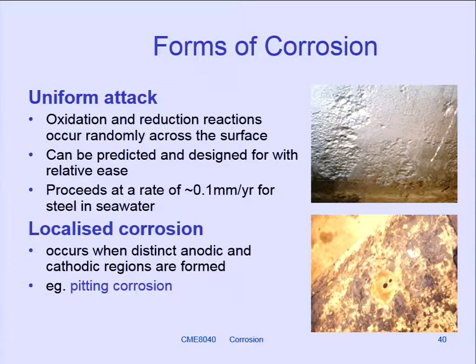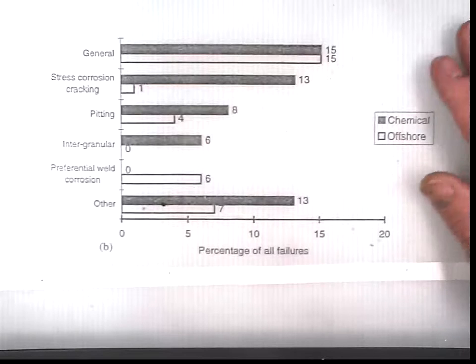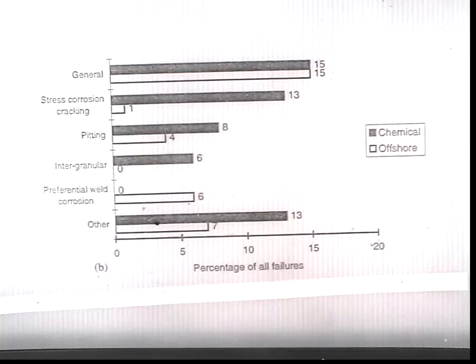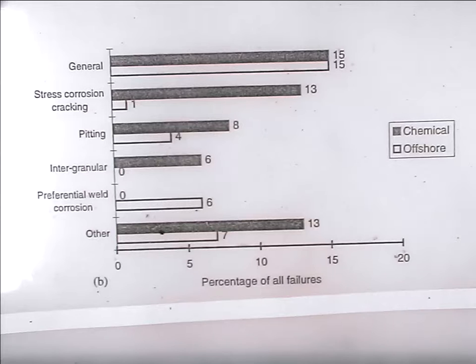This is some data you don't need the details of, but it's just some data for corrosion failures in the chemical and offshore industries, and the general corrosion failures in each case is about 15% of the total failures.